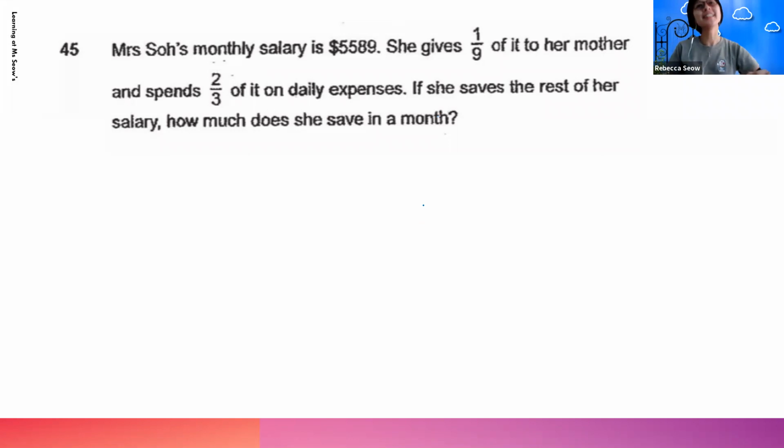All right, let's take a look at this question now. Mrs. So's monthly salary is 5,589. She gives 1/9 of it to her mother, and she spends 2/3 of it on daily expenses. If she saves the rest of her salary, how much did she save in a month? So she has a total of 5,589. This being her total, again we represent it by 1 whole.